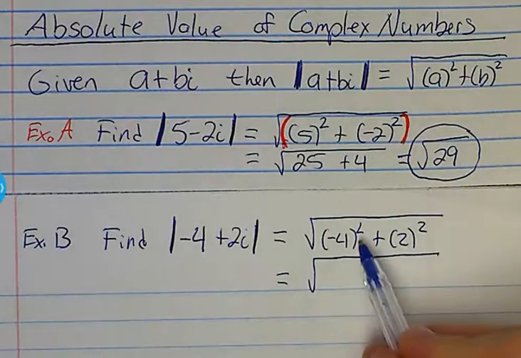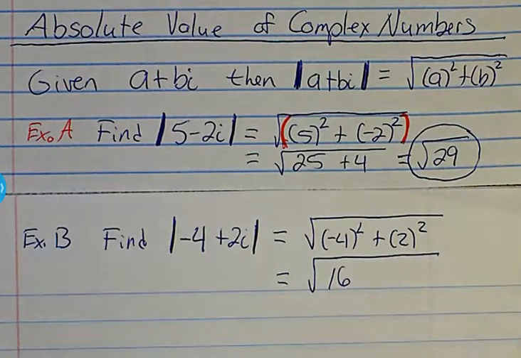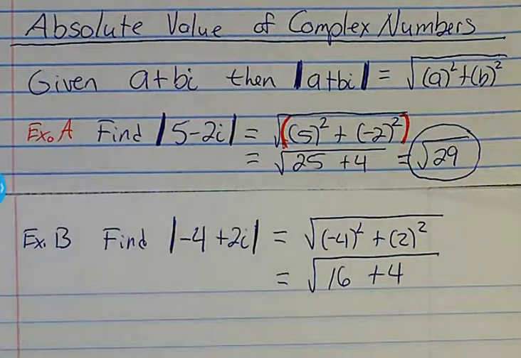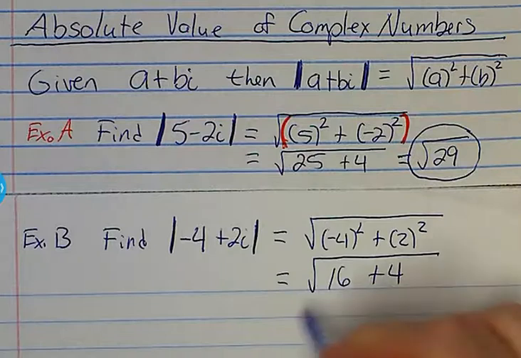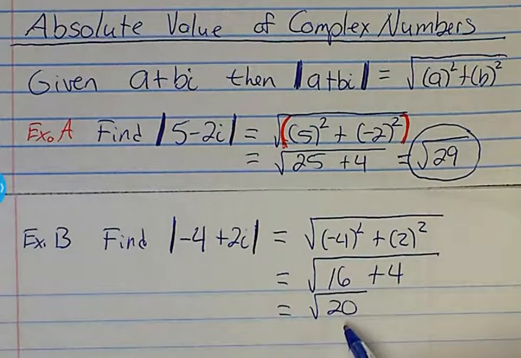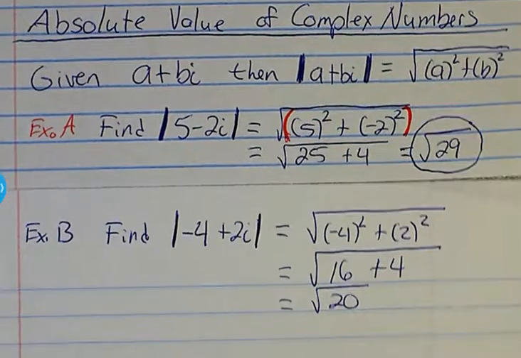Okay, with negative 4 squared, that's going to make it a positive 16. 2 squared would be just a positive 4. And again, before you do anything at all, you've got to put those two things together to make it square root of 20. And once you get one single number, that's the part that you want to break down.